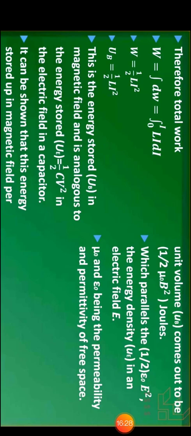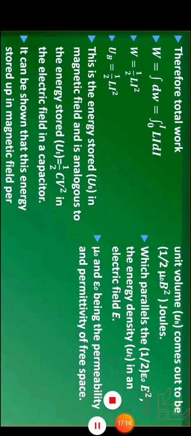It can be shown that this energy stored in the magnetic field per unit volume comes out to be 1/2 mu 0 B square, in joules per cubic meter, which is parallel to 1/2 epsilon 0 E square, the energy density UE in an electric field E. Here mu 0 and epsilon 0 are the permeability and permittivity of free space.